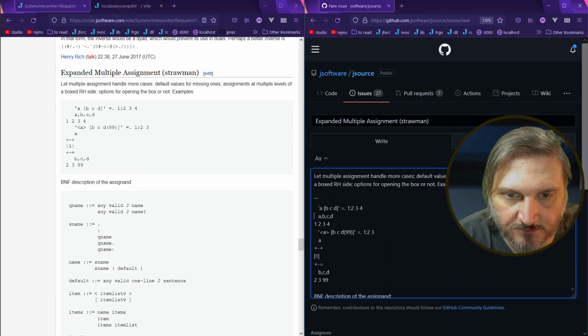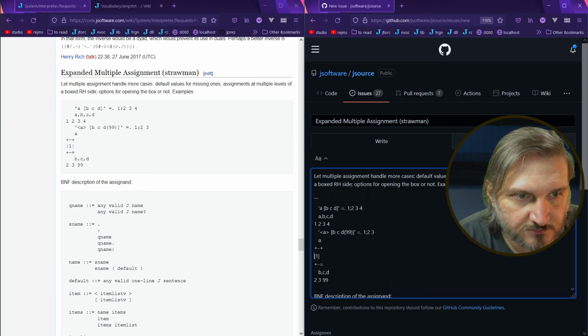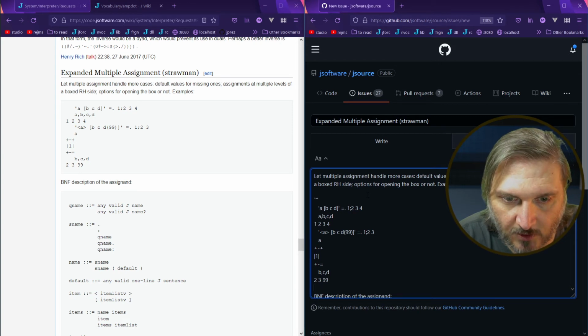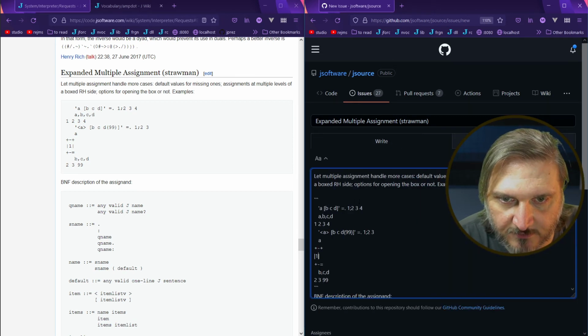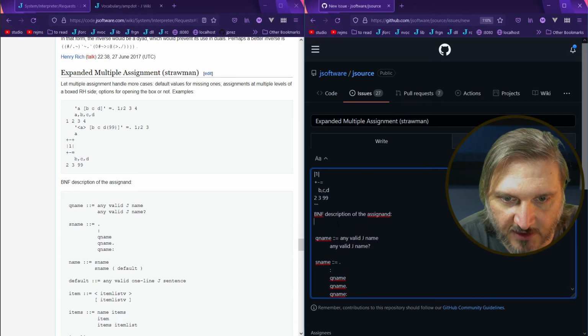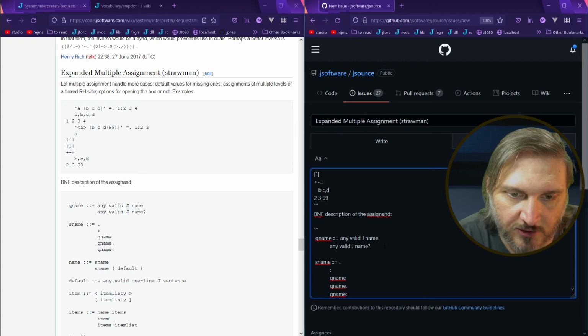One, two, three, and I think that is, yeah, I don't know why GitHub uses a variable width font for this. So BNF description, Backus-Naur form.